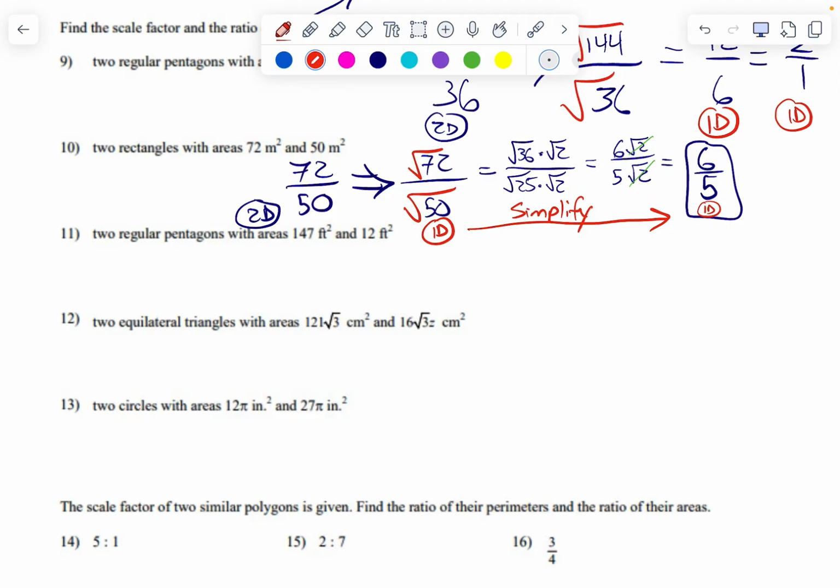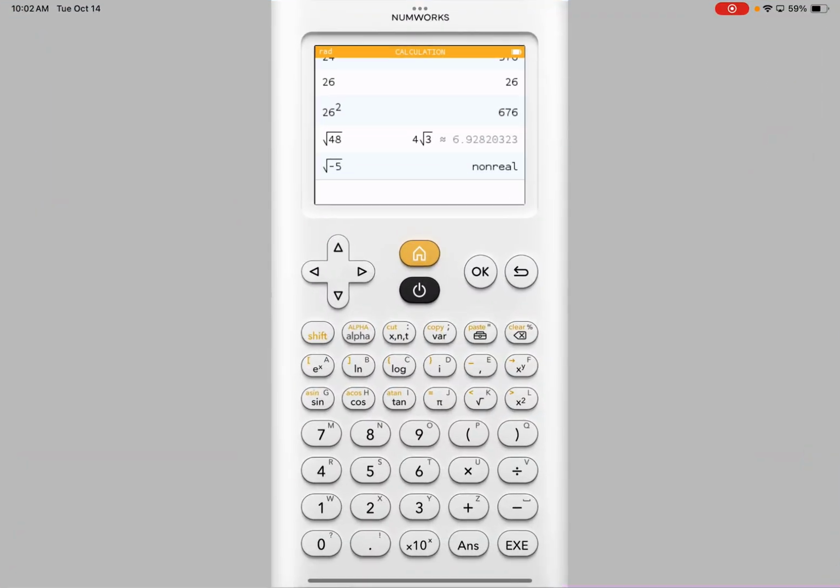In fact, I can show you that, depending on the calculator, but square root of 72 divided by square root of 50. So see how it did it for us, at least on this calculator. I don't know if they're all that way. Did it do it on yours? No. Try yours. Thank you, by the way, for having those out. I feel like the TI should do it.